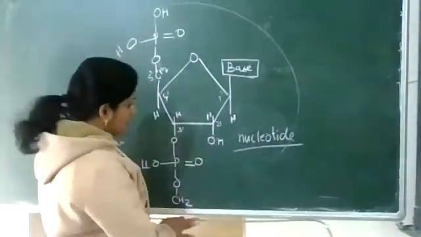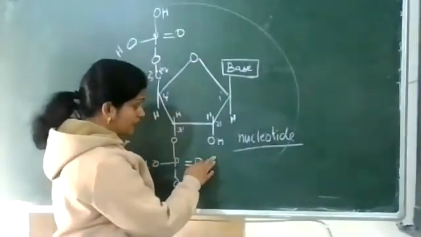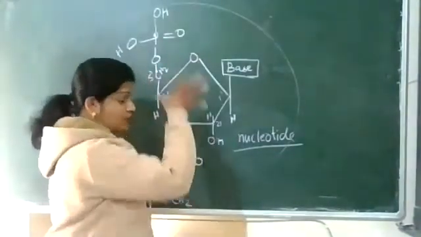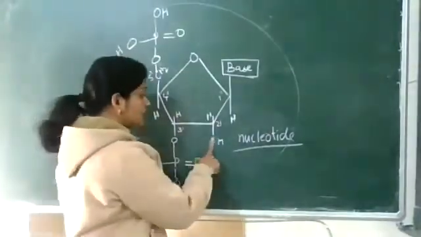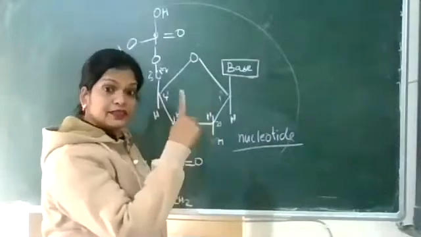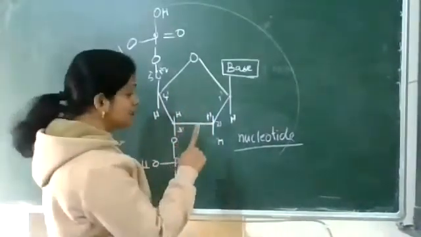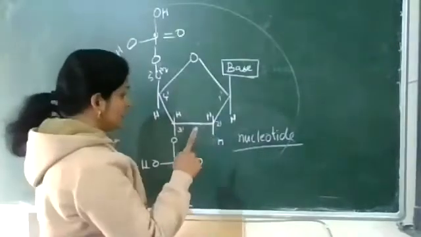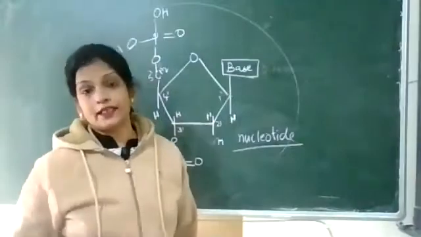So here, what we get, this chain is RNA. If the oxygen is not there and the base is A, T, C or G, then we call it DNA. Anyway, in RNA and DNA, nucleotides are the monomers.